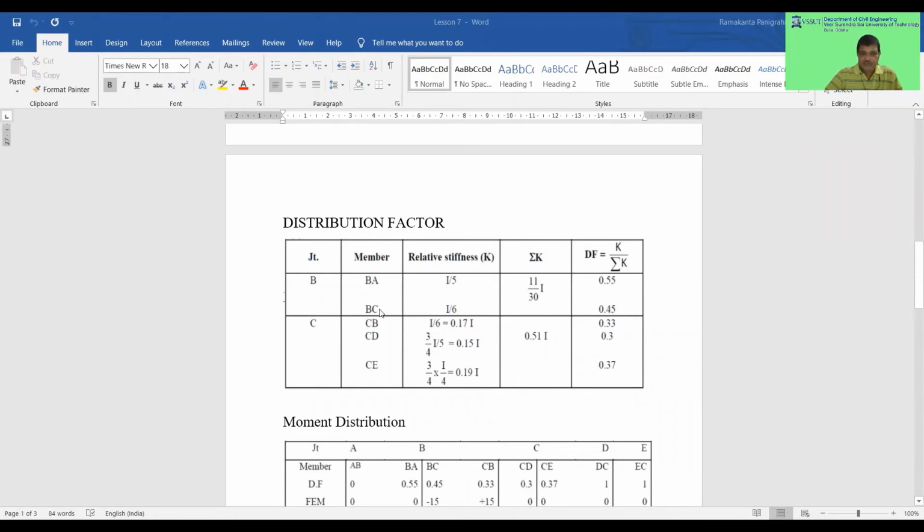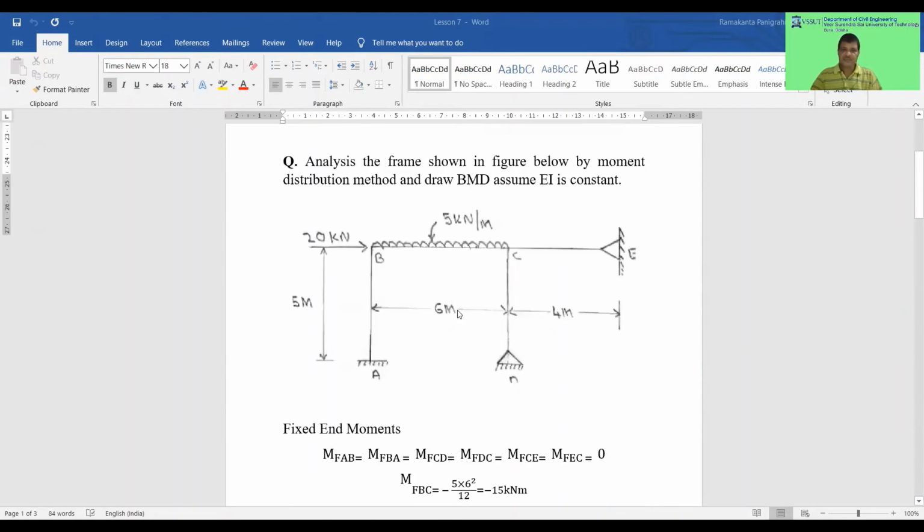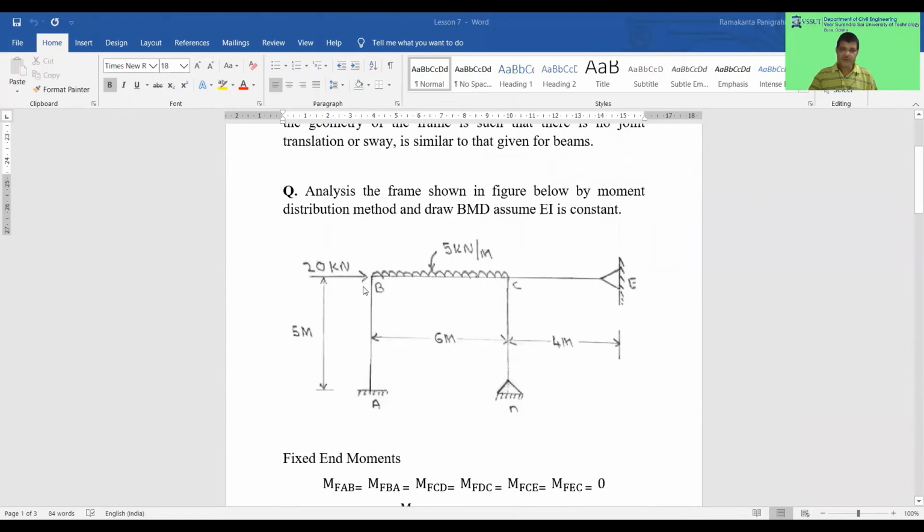Now we have joint B and joint C. At joint B, we have member BA and member BC. But if you come to joint C, we have three members: one is CB, one is CD, one is CE. So you have to calculate the distribution factor accordingly.